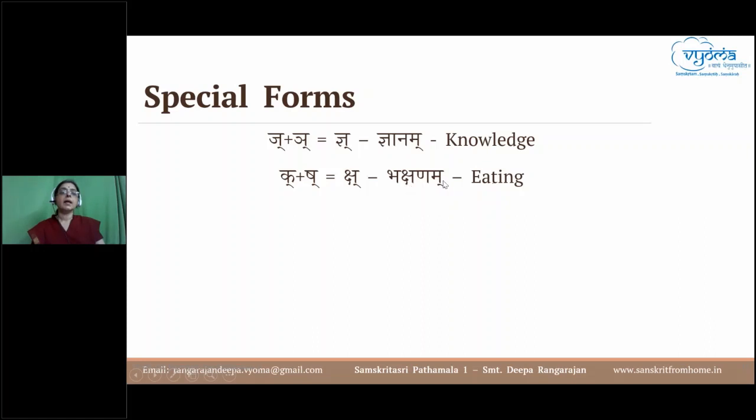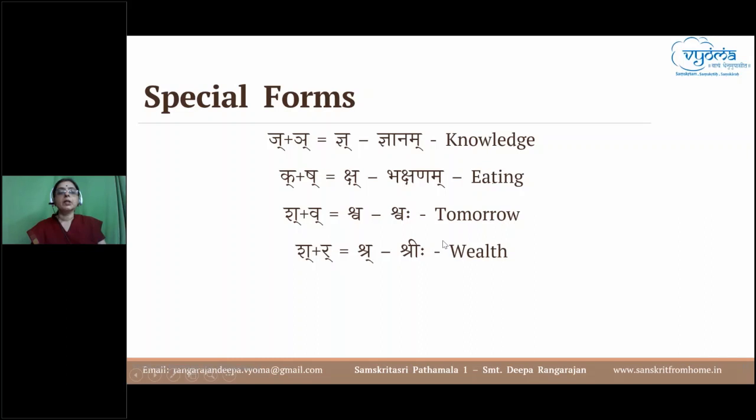Then K and Sh is this Murdhanya Shakara and Ka. If you get the Talavya Shakara, it will not become Ksha. This is purely Kakara and Shakara together. Bhakshanam is the act of eating. Shvaha means tomorrow. Sh plus R is Shra, as in Shrihi, wealth. We also saw the word Ashramaha or hermitage for this combination.